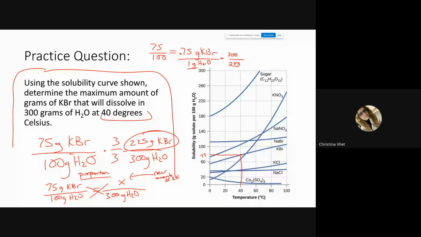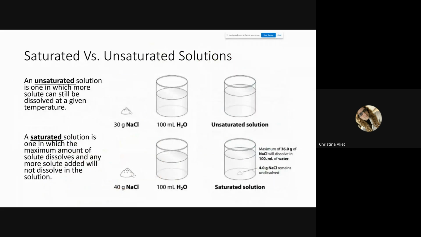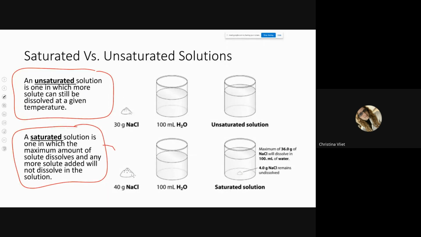These are the definitions you need to know. I would classify the solution I made with salt and water as unsaturated, and the solutions you're going to make on Wednesday are unsaturated solutions. An unsaturated solution is one where I could still dissolve more solute. I dissolved some solute, but I could still add more and it will still dissolve.